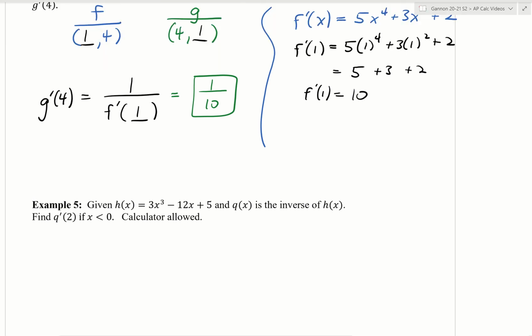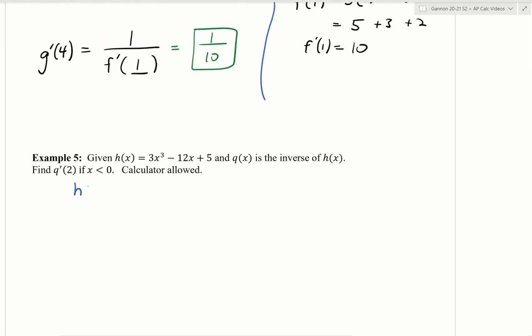So again, let's kind of start here. We've got h of x in this case, and then the inverse is q of x. So we want to find the derivative of q at 2. So q has an input of 2, which means h has an output of 2.